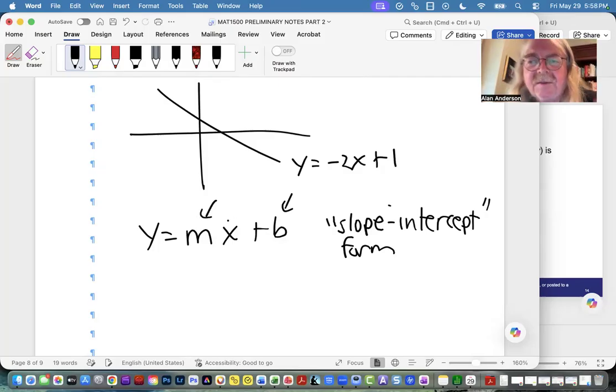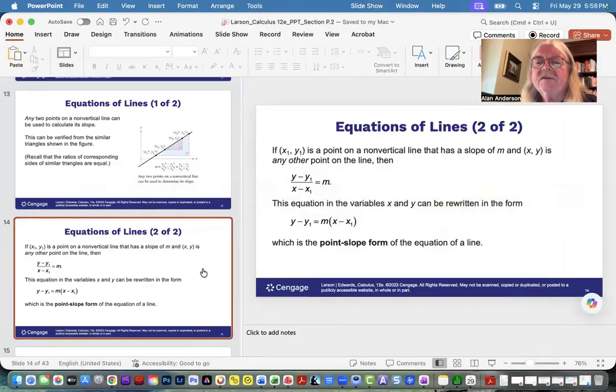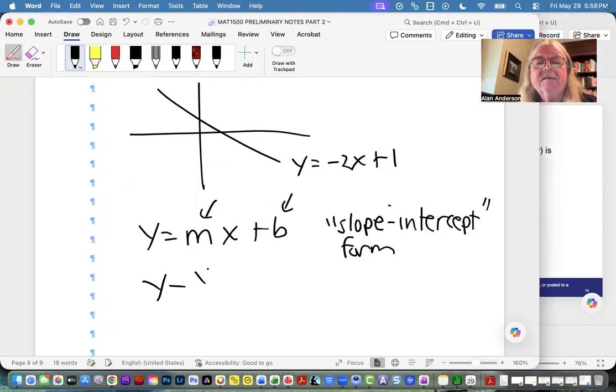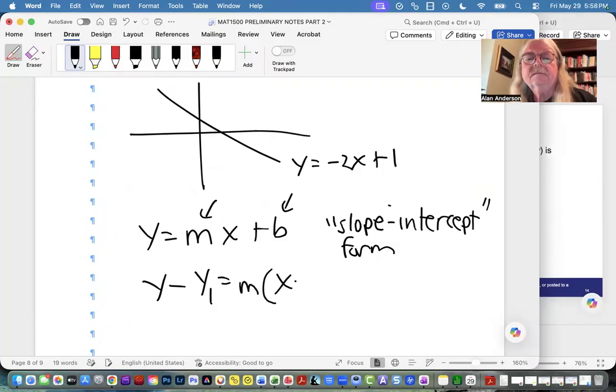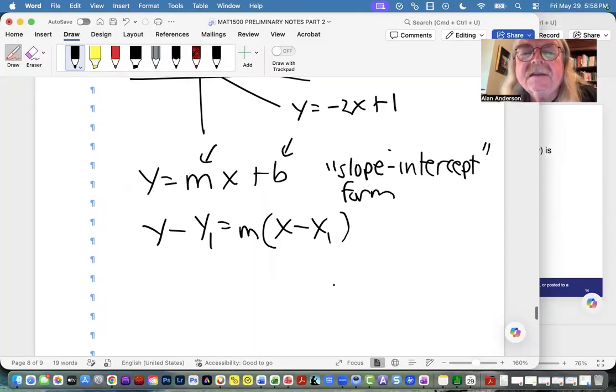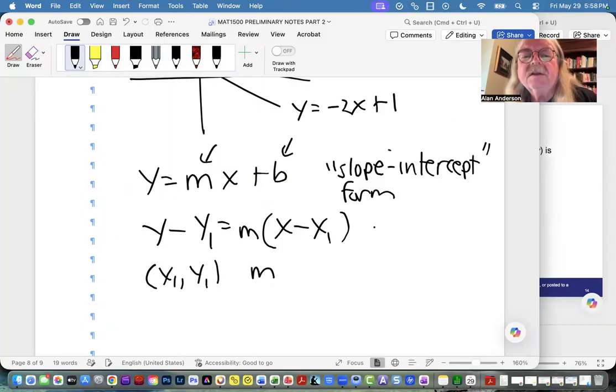There are two other possibilities, though, which you don't see anywhere near as often, but you could also express the equation of a straight line in the following way. Where instead of the slope and the intercept, you're seeing a single point and the slope. And so this is called the point slope form.